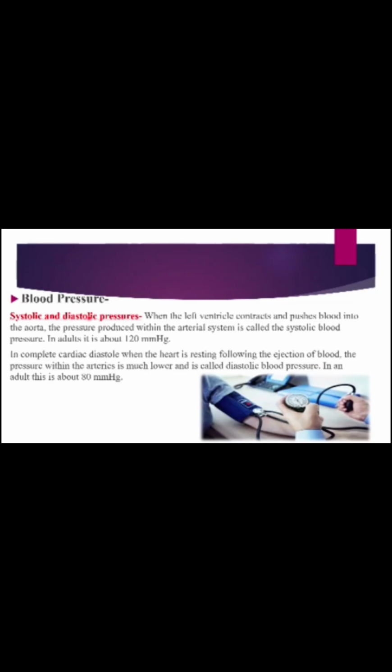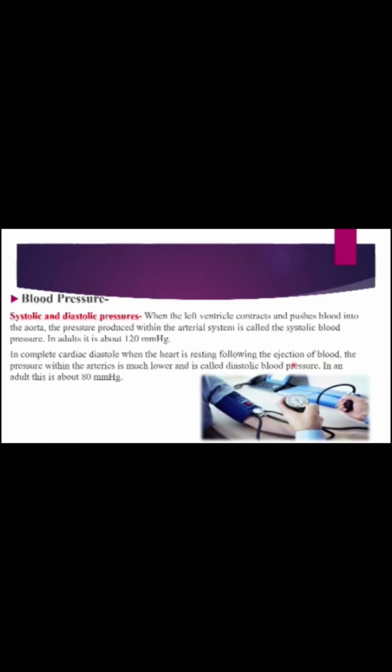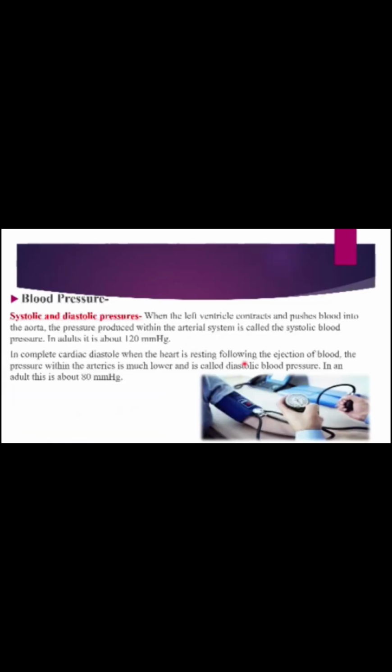Systolic blood pressure is the pressure created in the arterial system when the left ventricle contracts and pushes the blood into the aorta. It is normally 120 mm of Hg for adults. Diastolic blood pressure is the lower pressure created in the arterial system during the resting of the heart, after the blood is ejected from the heart. It is normally 80 mm of Hg for adults.